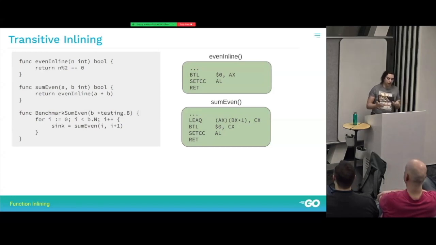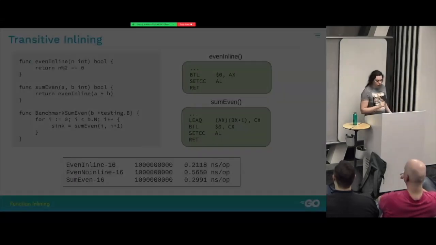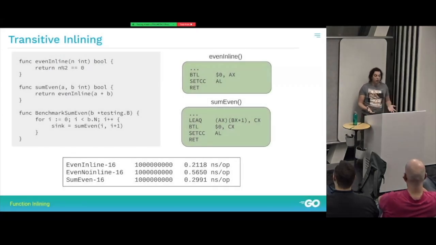There is no call instruction. You can see that it never calls. It just executes all the instructions. And when we again benchmark this, we conclude, okay, the even sum is a little bit slower. It has more work to do, but it still is not that slow as the even no inline. So we can see there is definitely no function call happening, because otherwise we would have to pay for the function call and the time would be actually higher.